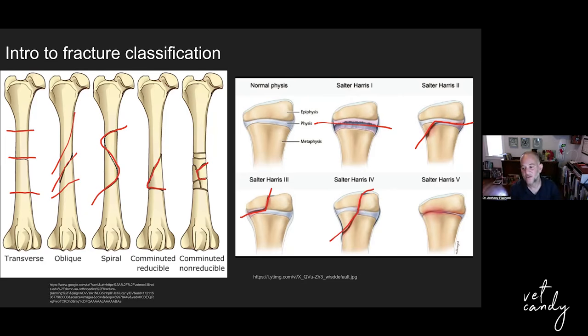Finally, these are the radiologist's nemesis. Salter-Harris type 5. What happens with Salter-Harris type 5 is they get a crushing fracture of their physis, and you can't see it radiographically. Okay, you don't see it until there's premature closure of that physis and subsequent angular limb deformity. So yeah, to the radiologist, that's very frustrating.